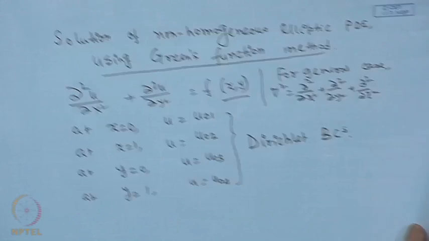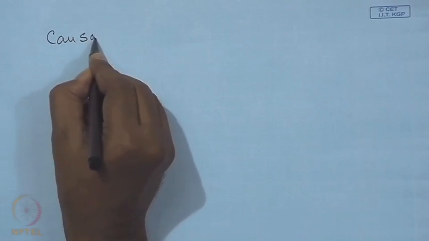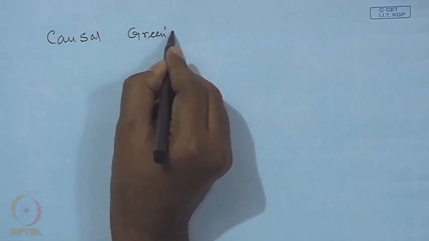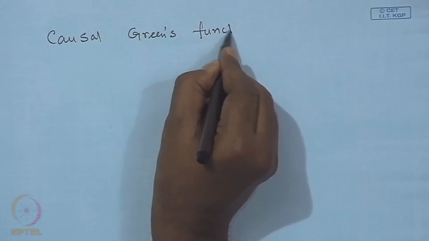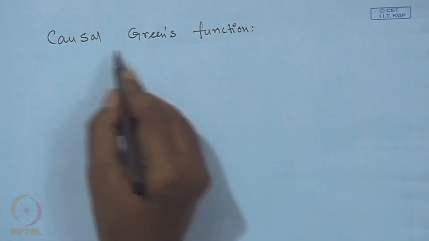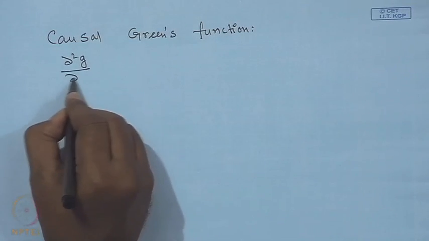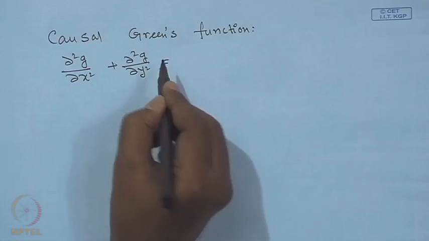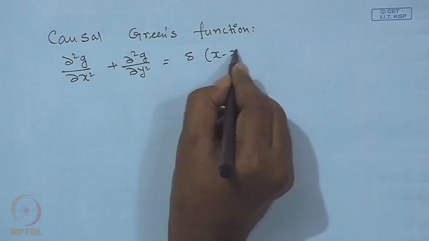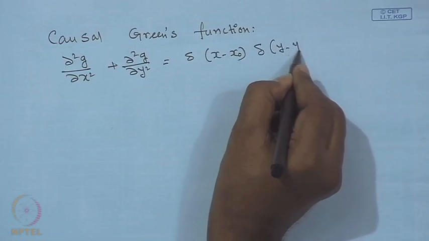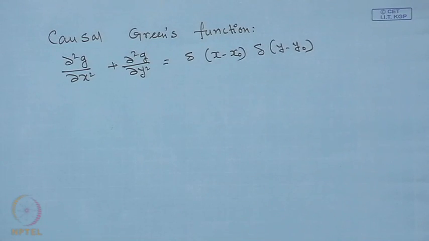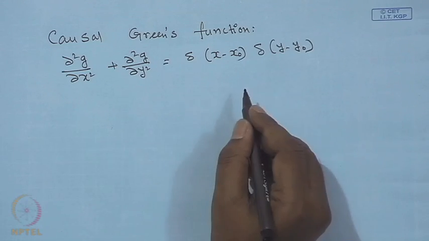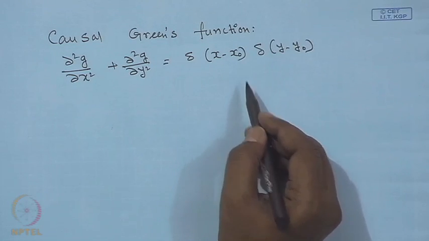In this case, if we look into the corresponding causal Green's function, it will be del square g del x square plus del square g del y square is equal to delta x minus x naught delta y minus y naught. So, we replaced the non-homogeneity in the governing equation by a Dirac delta function located at x naught and y naught.